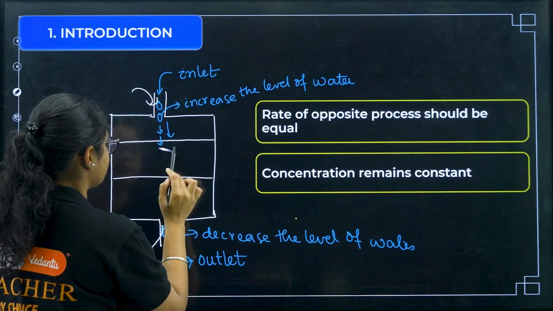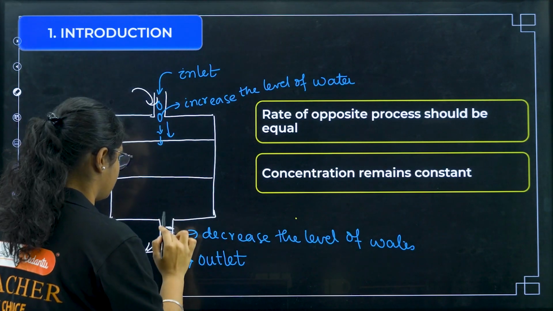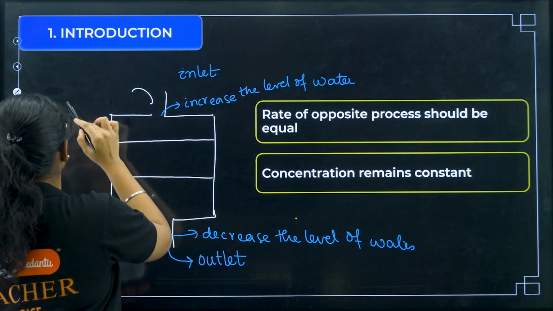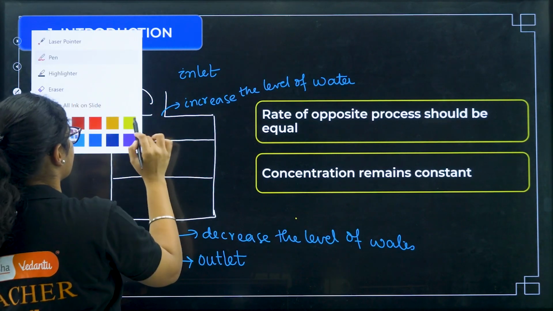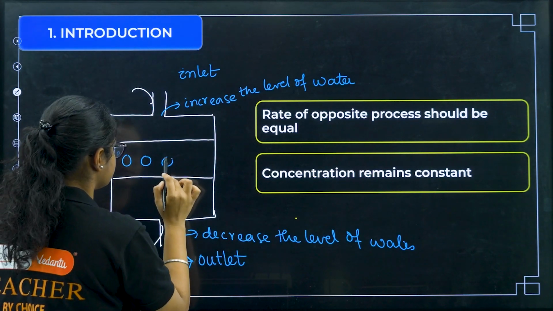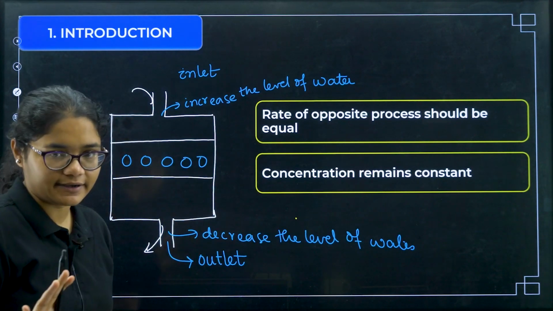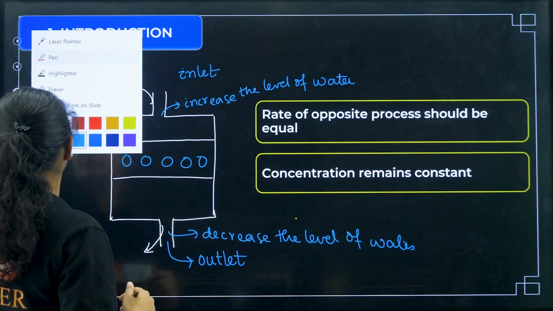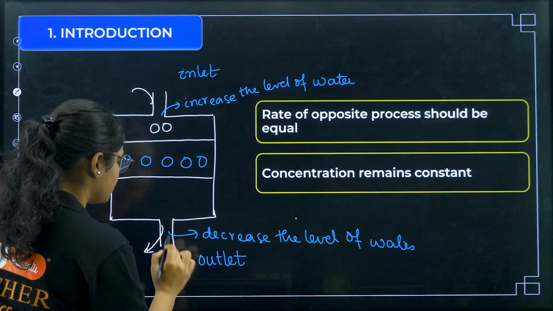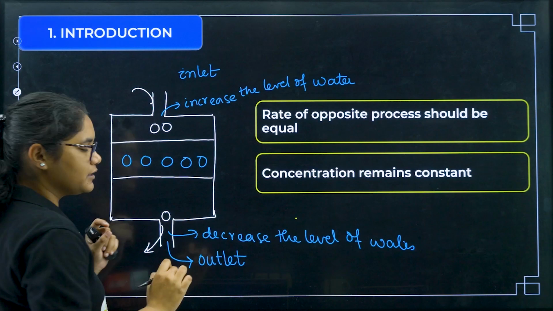See, we have these 5 molecules of water. I'll erase everything. Now suppose we have 5 molecules of water as we started, and the number of molecules entering is 2, and the number going out is 1.